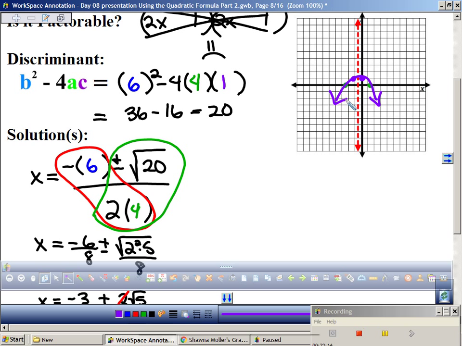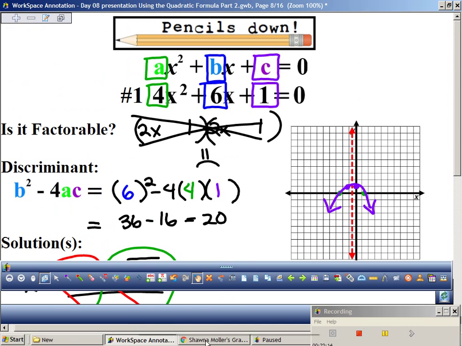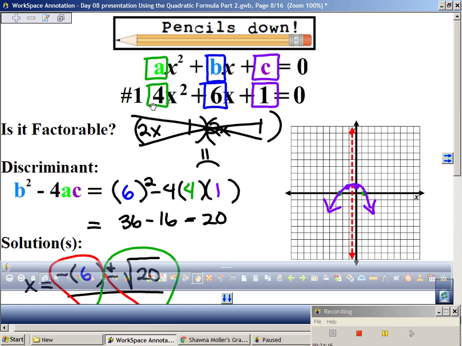What's wrong with that? That's not possible. Why, Shreya? Why is that not possible? Because it's positive. It's not negative. So where did I make my mistake?